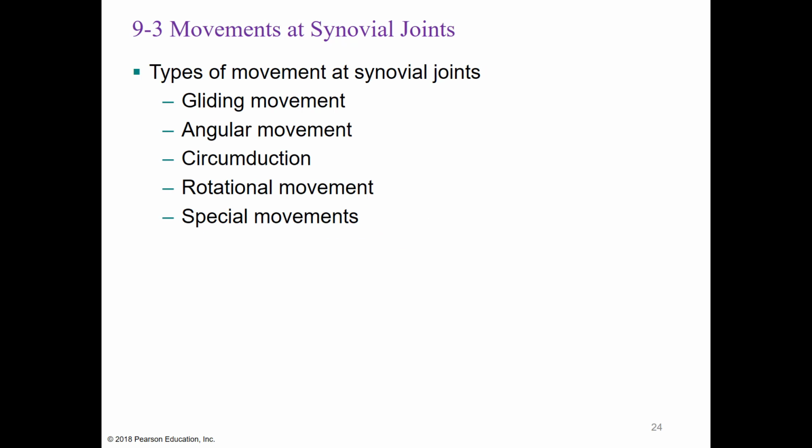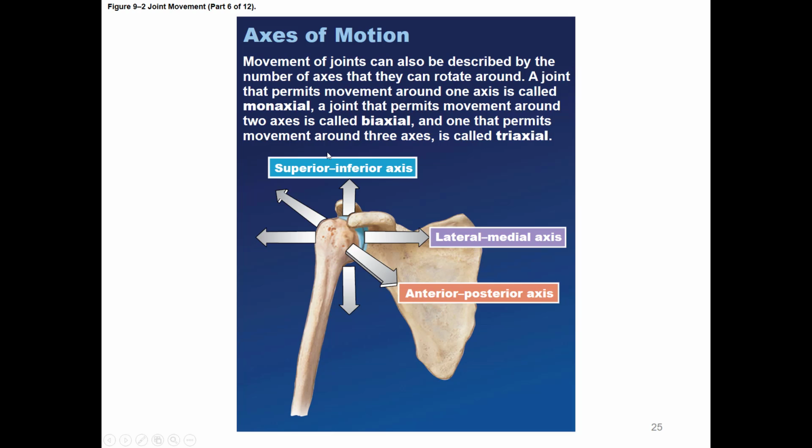Types of movement at the synovial joints. So we can have a gliding movement, angular movements, circumduction, rotational movements, and special movements. So we're going to look at examples of all of those in that list. So here's the shoulder, which is the most movable joint in the body.